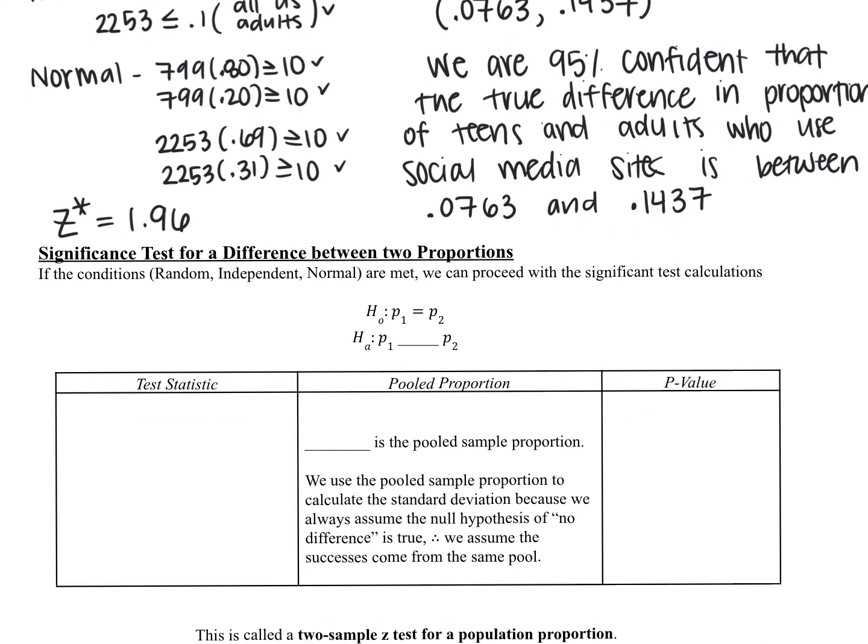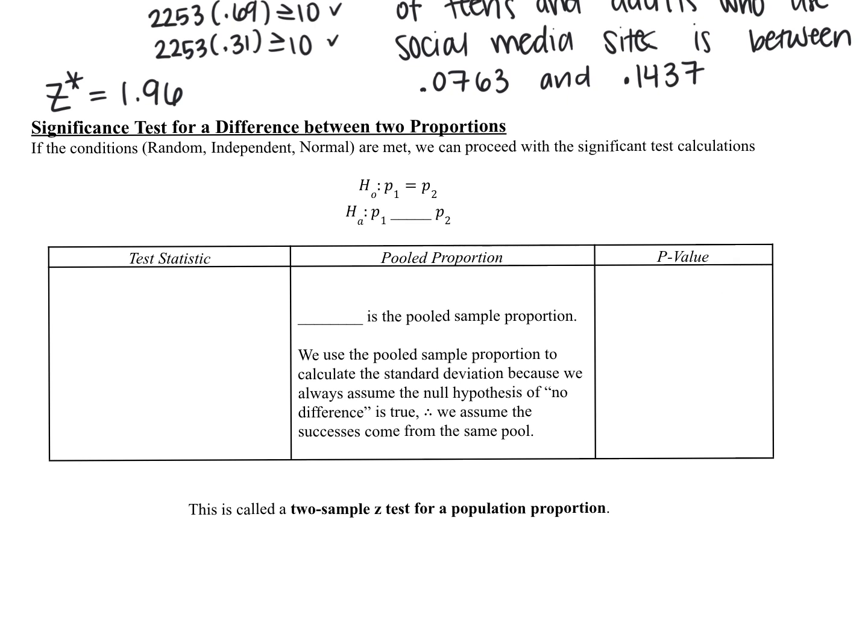So the last thing we're going to talk about is a significance test for a difference between two proportions. The conditions are the same: random, independent, and normal, just like for confidence intervals, and then you can do your significance test. In this case, the null hypothesis is always that P1 equals P2.